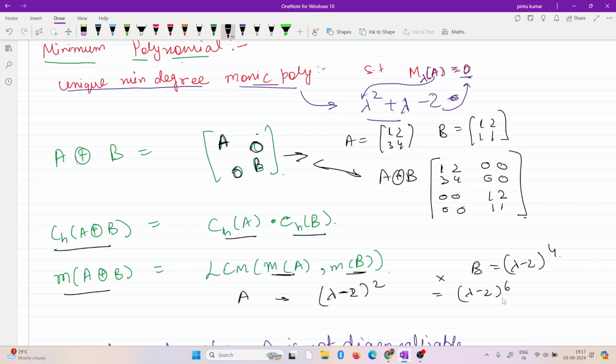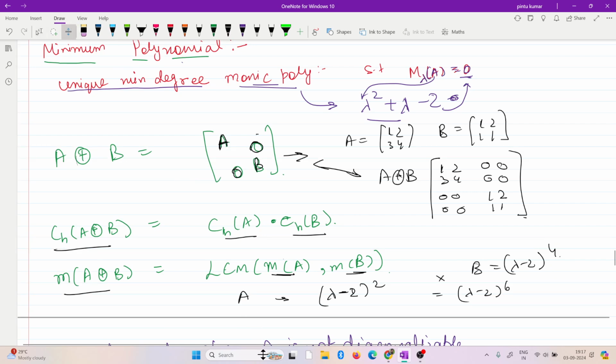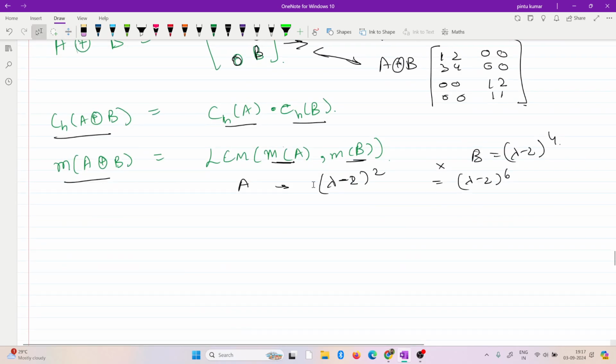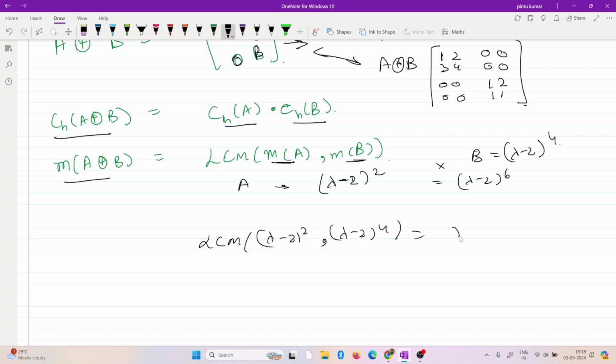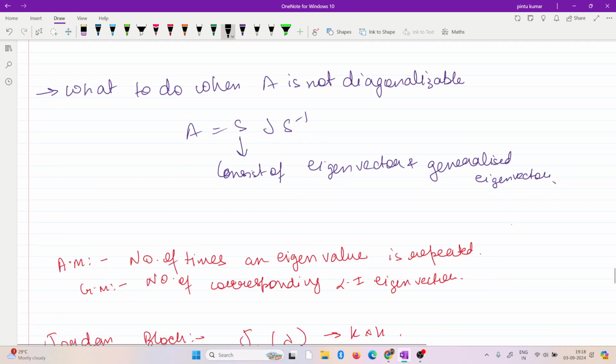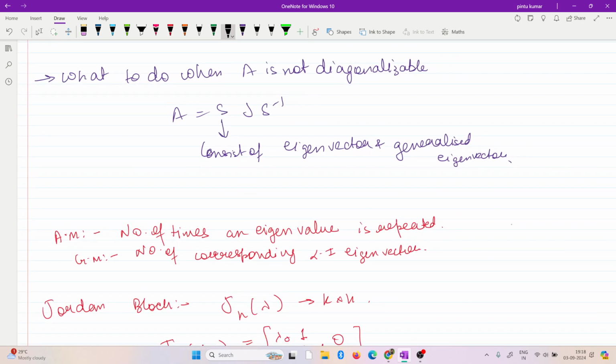So the LCM of lambda minus 2 whole square and lambda minus 2 to the power 4 would be lambda minus 2 to the power 4, right? This was discussed in the lecture.